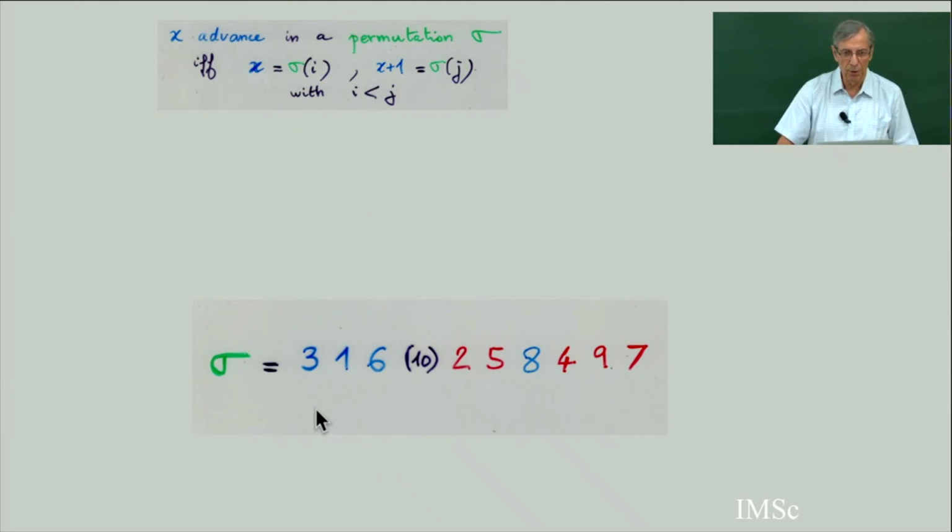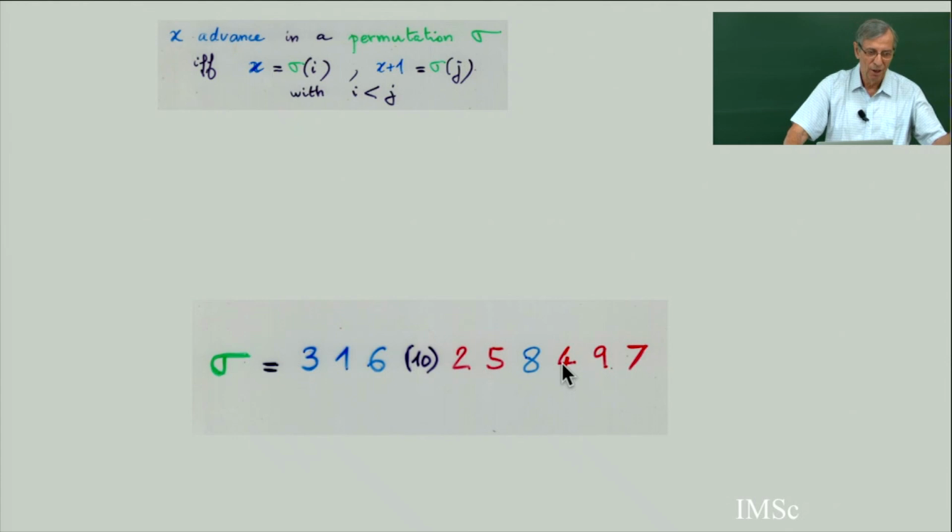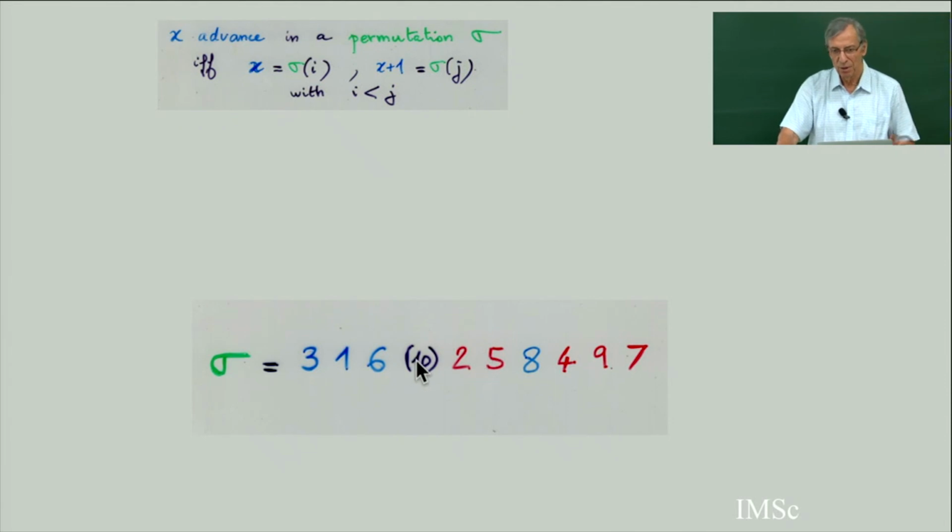So I put in blue here all the advances. For example, 3 is in blue because 4, the next one, is on the right. 4 is in red because this is, in French, a recul, and in English, backward or going backward. The 5, the next one, is at the left. 10 is black because there is no 11 in the permutation.